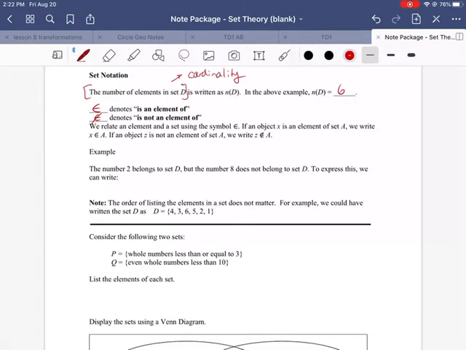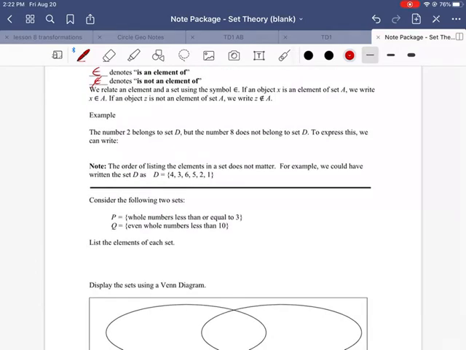So we relate an element in a set using the symbol ∈. If an object x is an element of set A, we write x ∈ A. If an object z is not an element of it, we write z ∉ A. Example. The number 2 belongs to set D, but the number 8 does not belong to set D. To express this, we can write 2 is an element of set D, but 8 is not an element of the set.